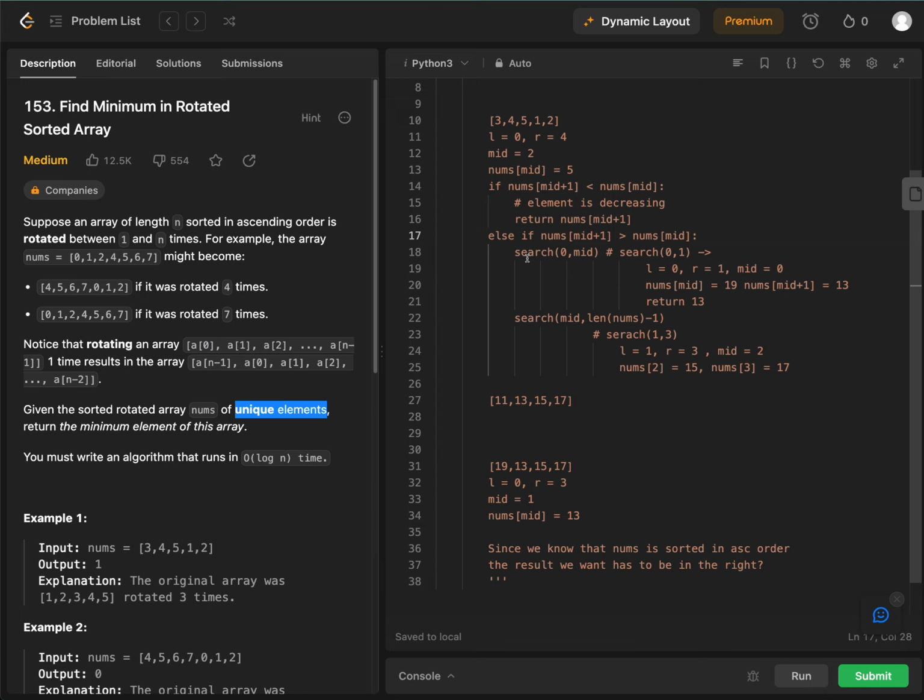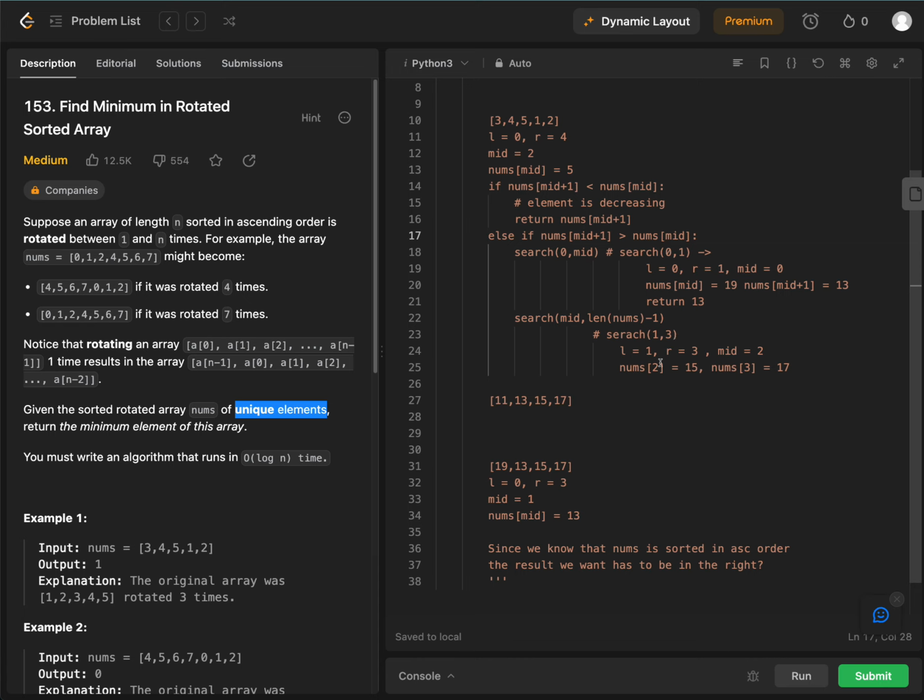We want to search the right half for any decreasing elements. Nums mid plus 1 is greater than nums mid, search 0 to mid, search mid to length.